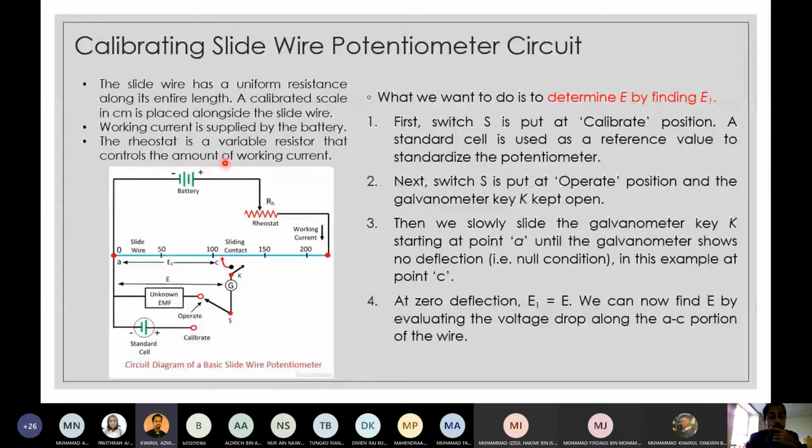So the voltage from the battery is equal to the voltage drop at the rheostat plus the voltage drop at the slide wire. The voltage drop here is not considered because it's a parallel circuit. This circuit is going to be parallel to this circuit. And when we open the key K here, we only consider this circuit: from A, going to the battery, the rheostat, going to this point, and coming back to A.